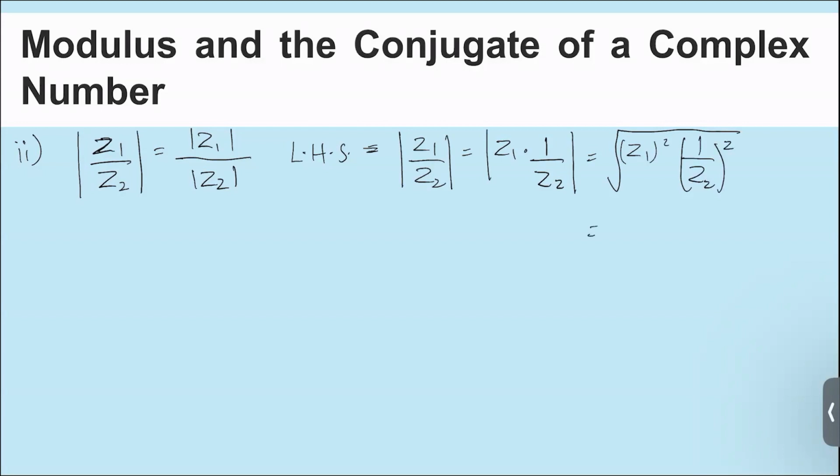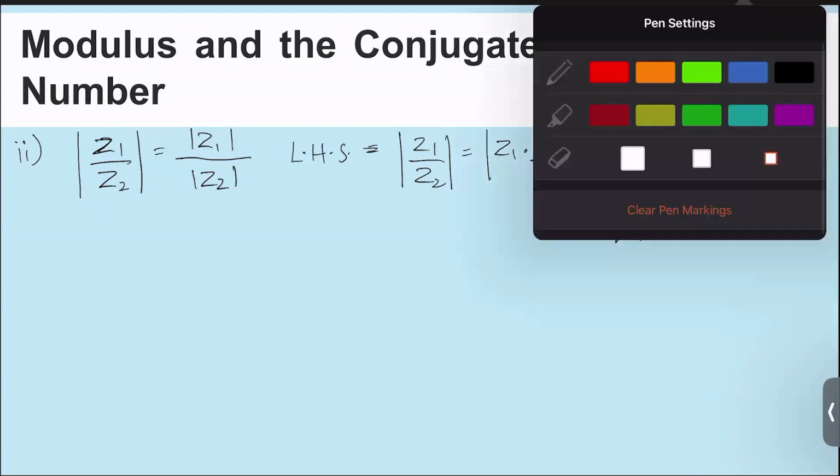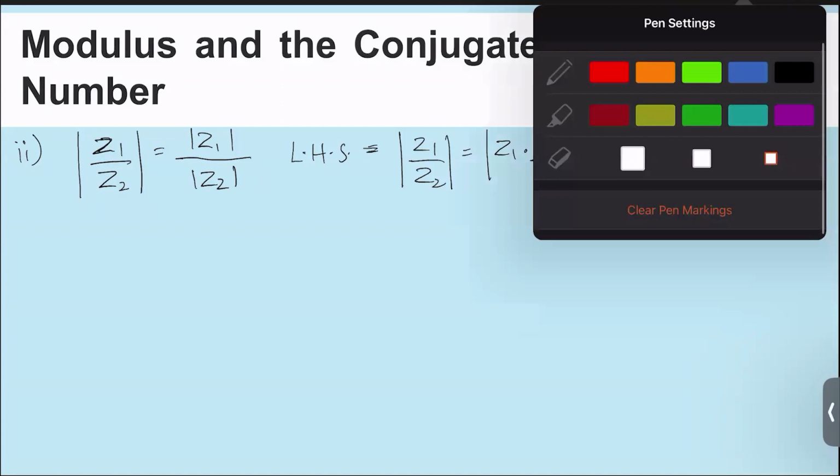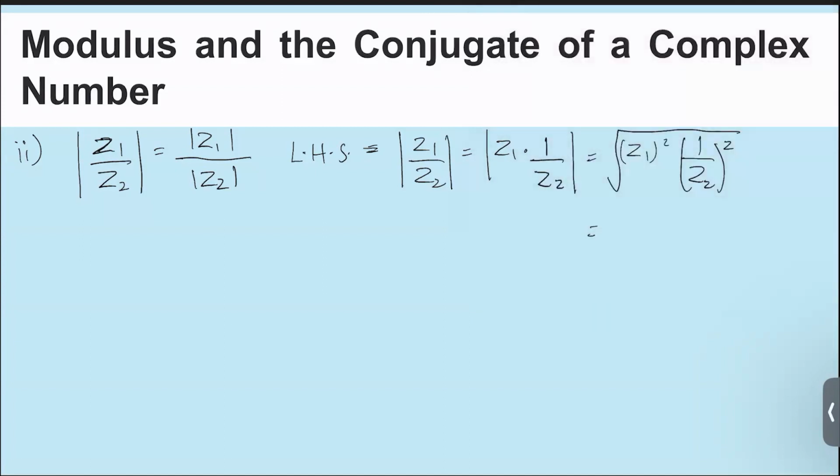And this you can write in terms of mod of z1, if you separate out the square root, multiplied by 1 upon z2, the whole squared.